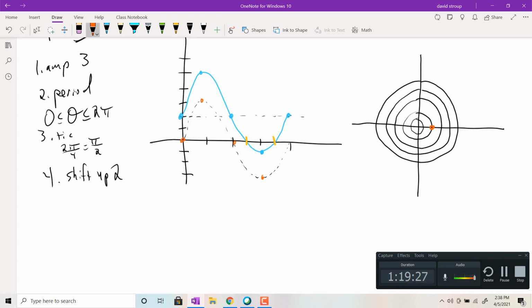And then it's increasing to pi over 2. It'll be at 1, 2, 3, 4, 5. Okay, 5. So we'll increase all the way up to 5. Right here. Okay. So that's the first part. And then it'll just decrease back to 2, which is kind of like 0 in this case.